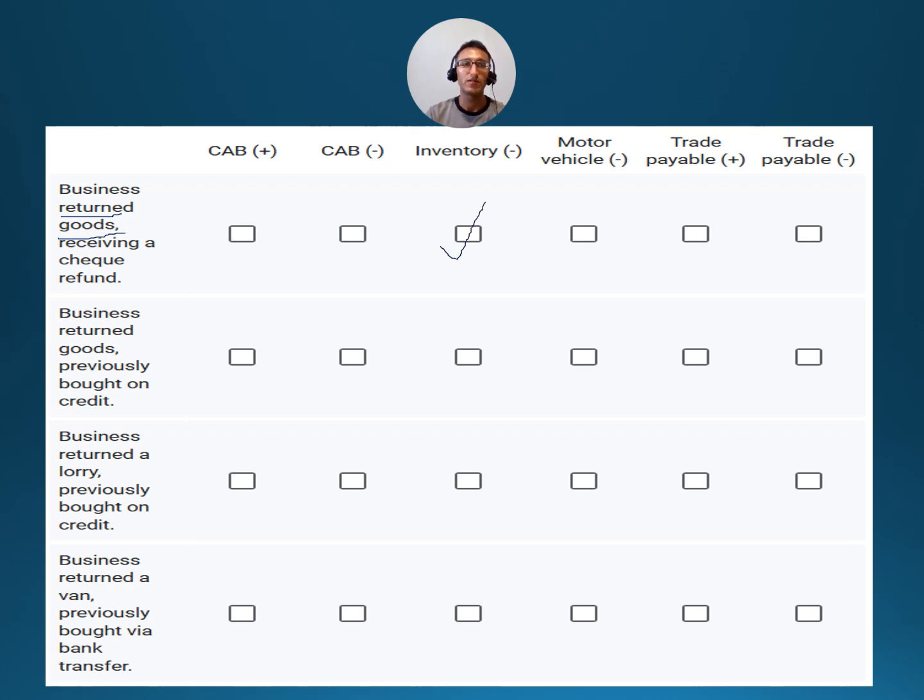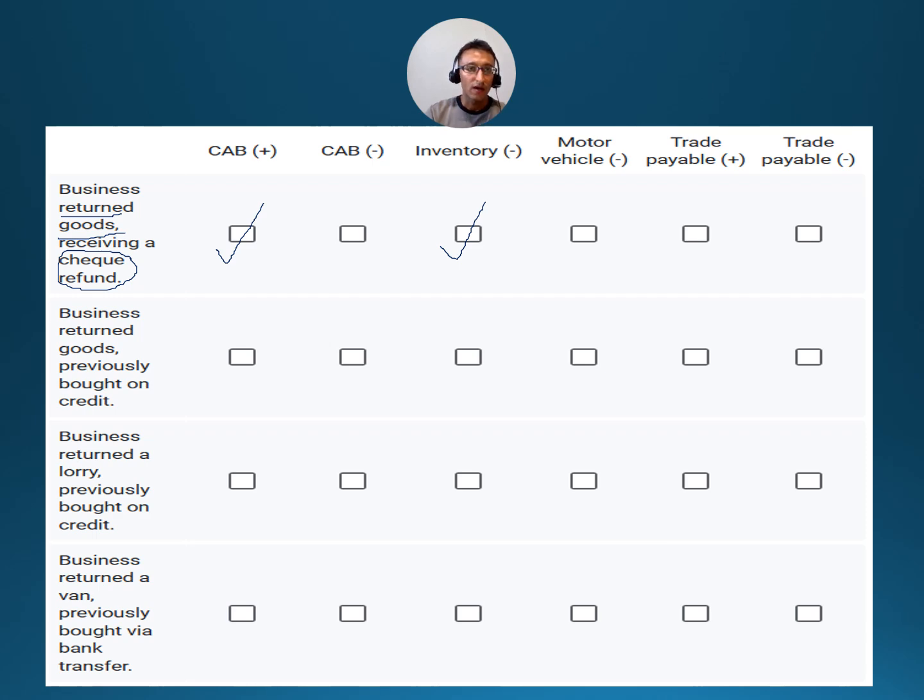So inventory decreases. However, they receive a check refund, meaning that now they will have more money in the business bank account. Therefore, cash at bank increases because the check refund will go into the business bank account and the business will have more money in the bank account.